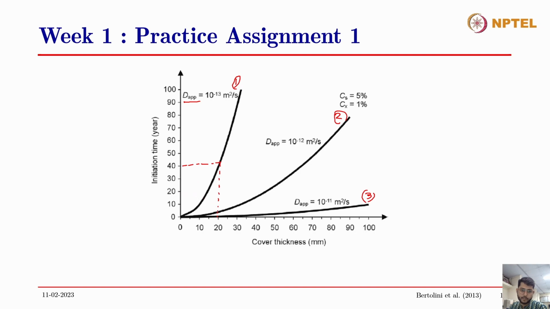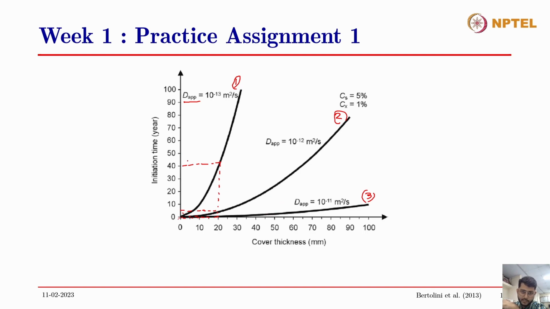For the second curve, which has a mediocre diffusion coefficient of 10 to the power minus 12, lying between curves 1 and 3, it is hardly between 0 to 10. For curve 3, which has the highest diffusion coefficient, it is almost nil. So for a given cover depth, the initiation time is inversely related to the diffusion coefficient. The higher the diffusion coefficient, the lesser the initiation time.